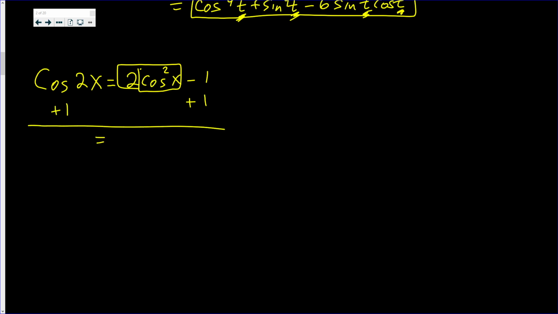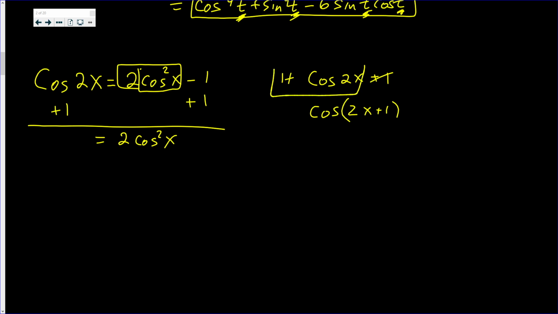On the right side, I just have 2 cosine squared x. Now, on the left side, I don't want to write it like this, because somebody might think that I mean that the angle is 2x plus 1. Just so nobody confuses that, I'm going to write the 1 plus in front.